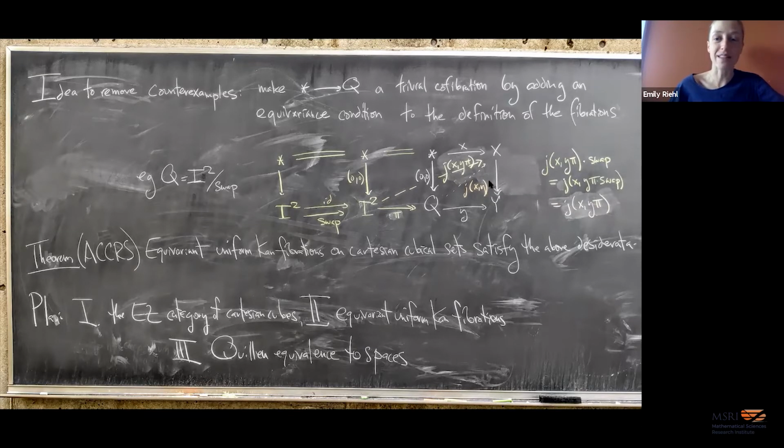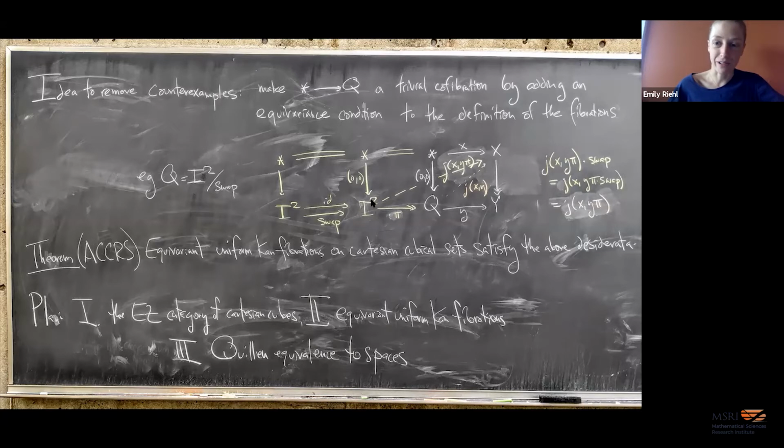If you look now at this outer rectangle, I didn't label that map, but this is the same inclusion of the point into the interval. So certainly if I have a lift here, I have a lift here. And then the requirement is that this lift restricted along that swap map is the same as this lift. Another way to say it is that the dashed lift forms a cone.